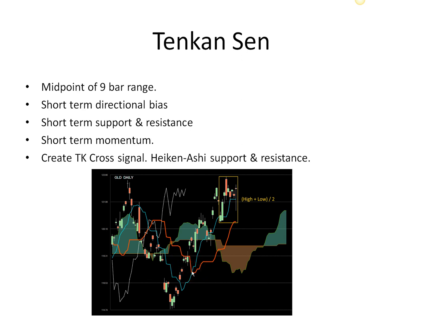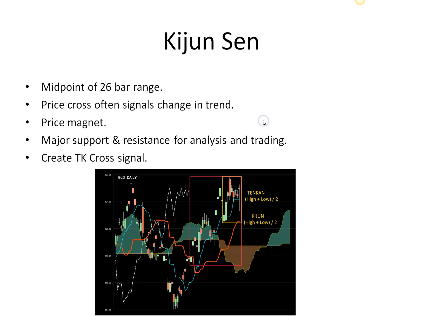And we're not going to really get into trading signals. I'll mention a few in this video, but it's more important to understand what the components are and actually what the Ichimoku Cloud is before we start talking trading signals. The next is the Kijun Sen, which is one of the major components because it's the midpoint of the 26-bar range, and when price crosses the Kijun Sen, it often signals a change in trend.